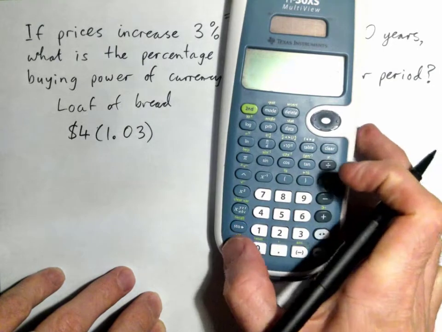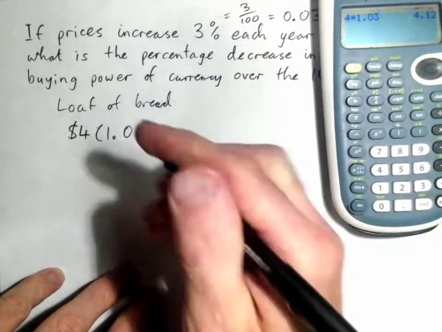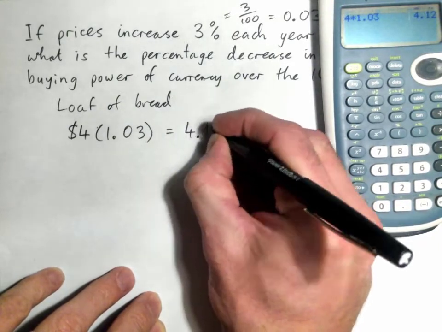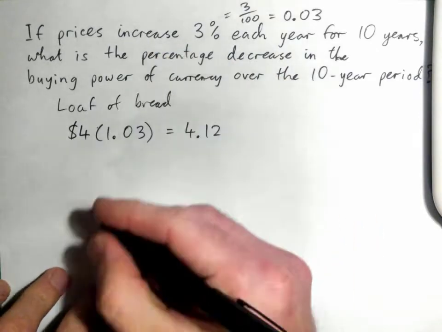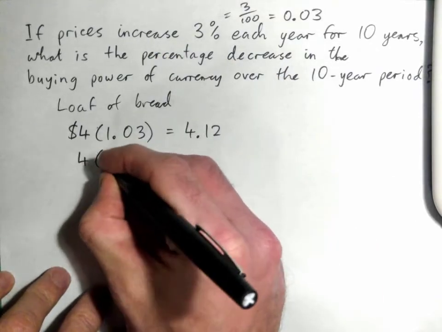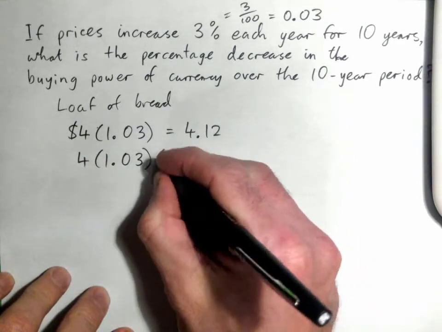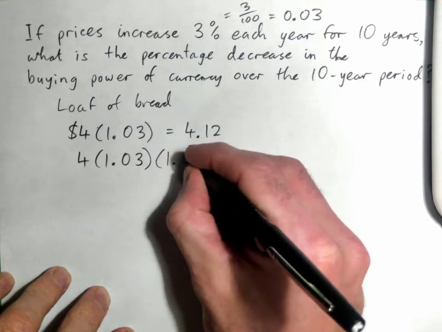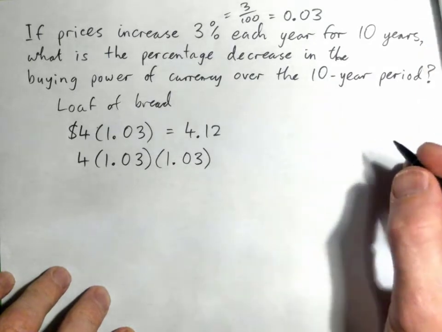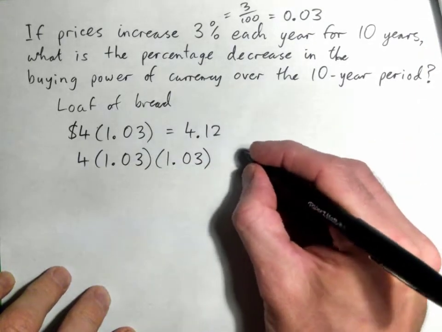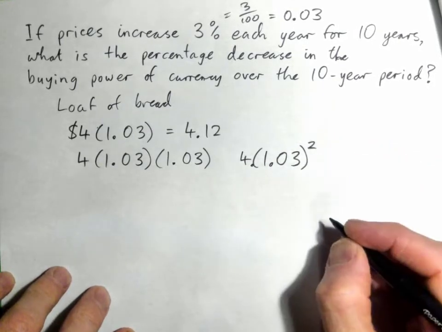And so my 4 times 1.03 would be $4.12, like after 1 year, right? And hopefully we've had enough practice with our compound interest and all that that's the price after 1 year, and then if it goes up by 3%, then this is the price after 2 years, right? It's 4 times 1.03 squared. That's the price after 2 years, right?